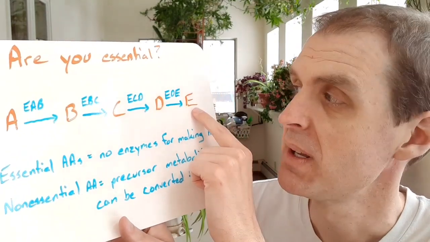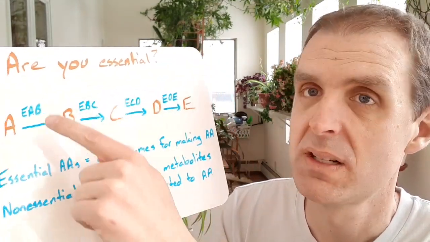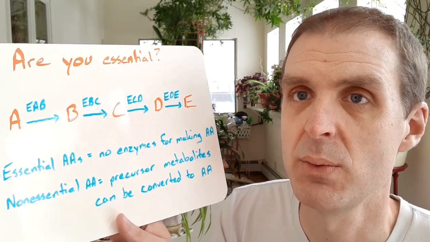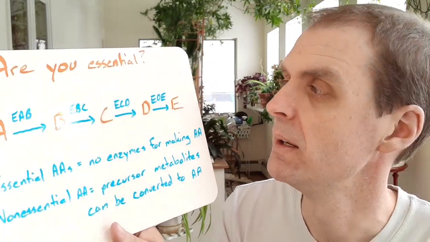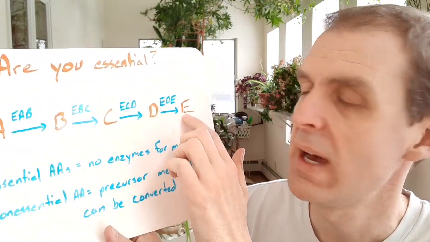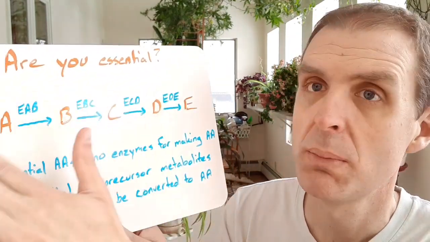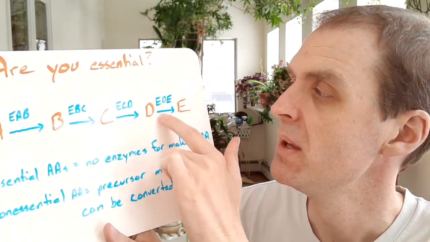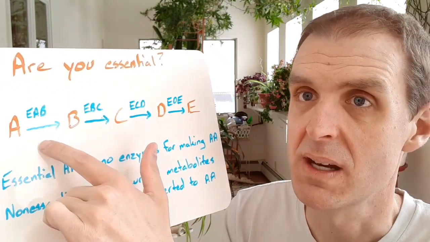If the cell has plenty of tryptophan, you don't need to make any of those enzymes, which would be a resource-intensive thing for that bacteria to do. So if you have plenty of E around, don't bother making any of those enzymes. If you don't have enough E around, then you might want to make these enzymes.